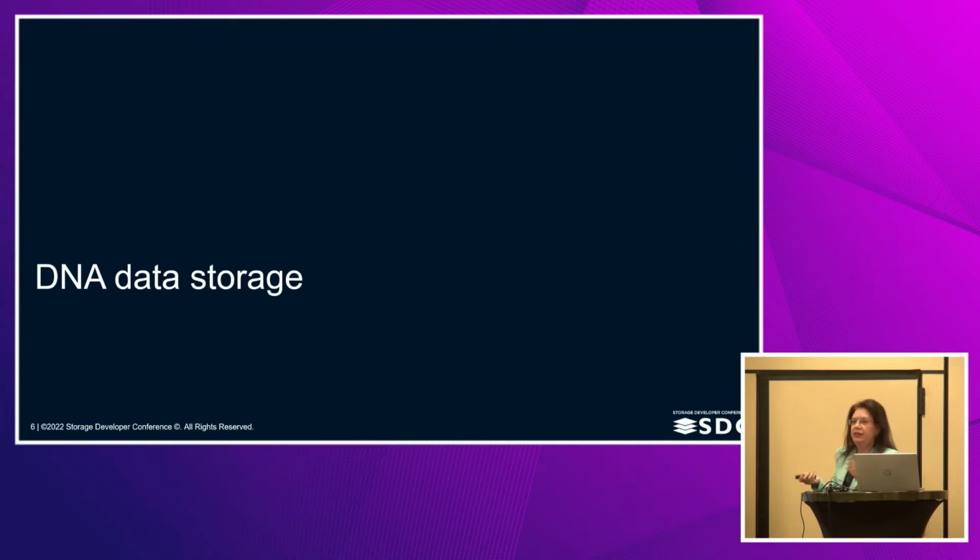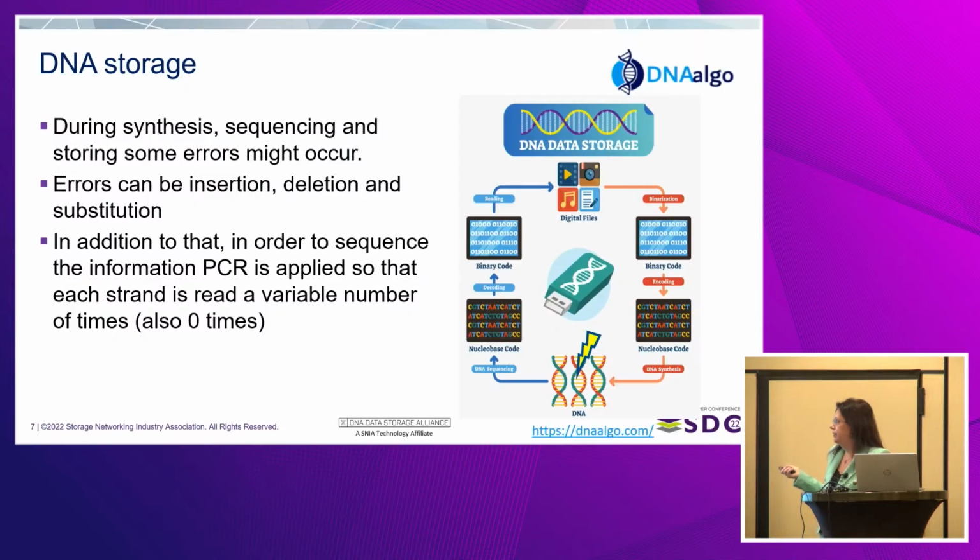So, what is the DNA data storage pipeline? What happens if we want to use DNA as a storage media? Basically, we have our digital file, which can be anything: an MP3, a movie, a picture, a text, whatever. It is converted to binary, and then from the binary file, we enter the process of encoding.